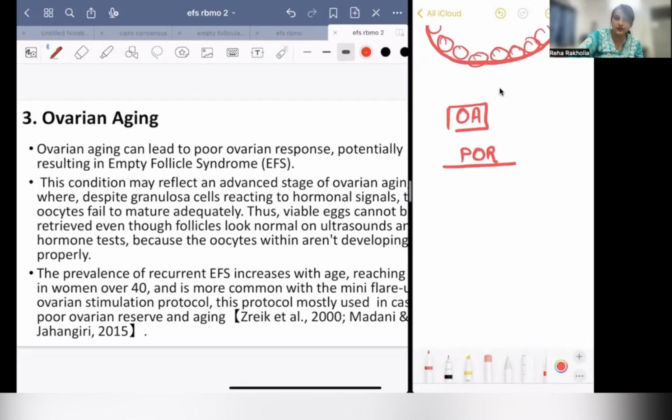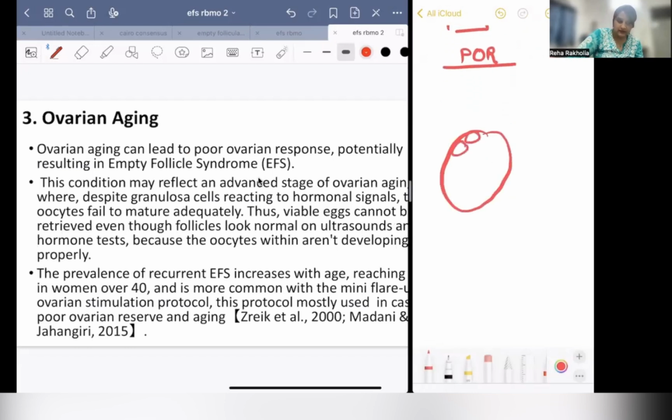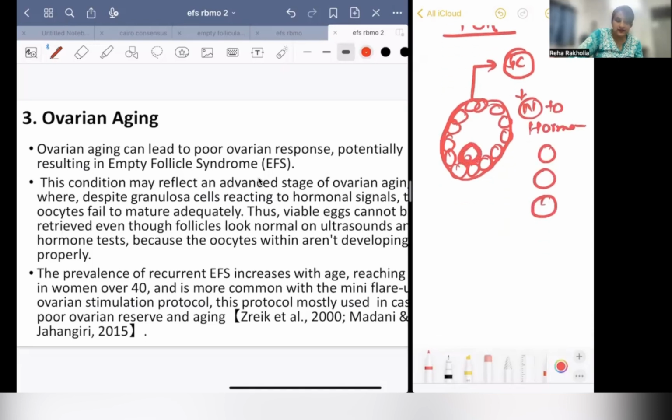The granulosa cell in ovarian aging may respond normally to hormones, with normal follicular development, but the oocyte fails to mature adequately.